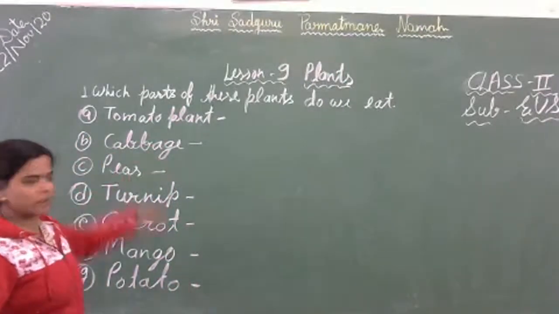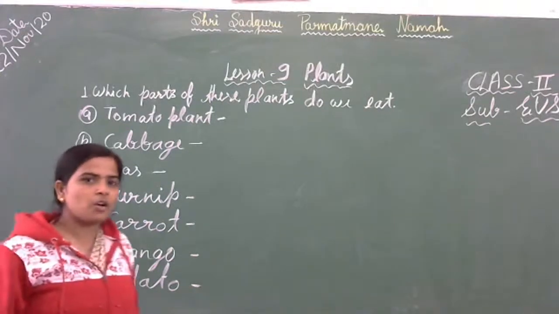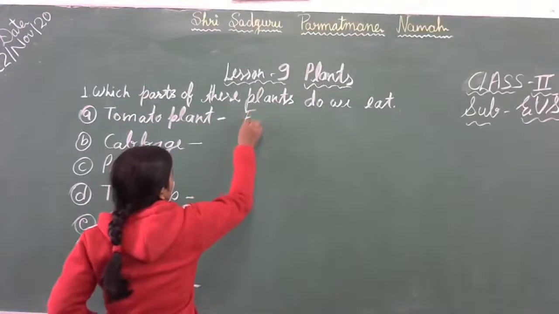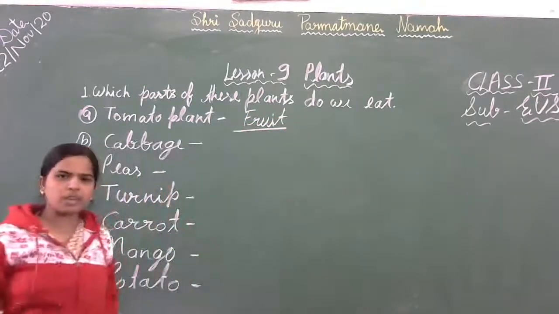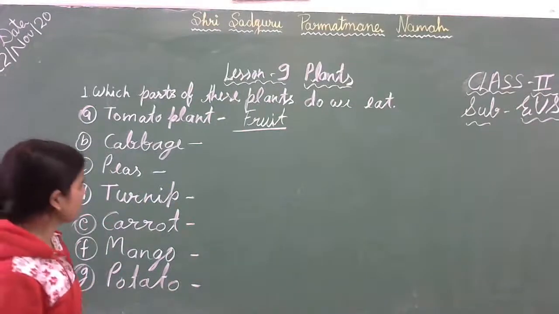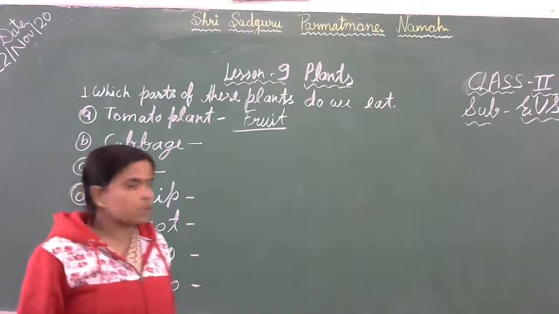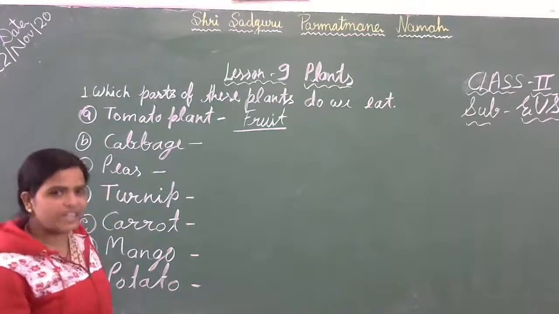First is tomato plant. In tomato plant, we eat which part? Fruit. We eat fruit part. Next is cabbage. We eat the leaves.